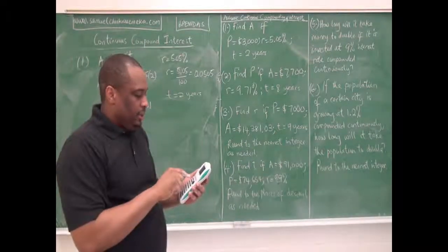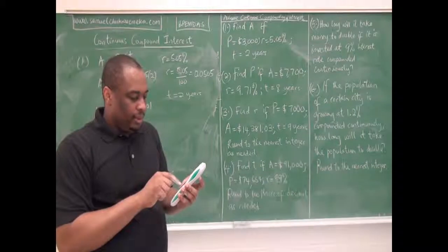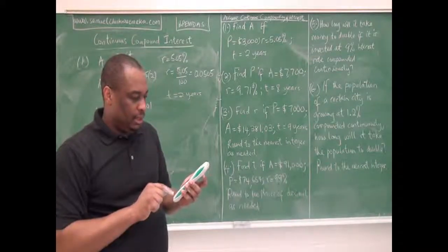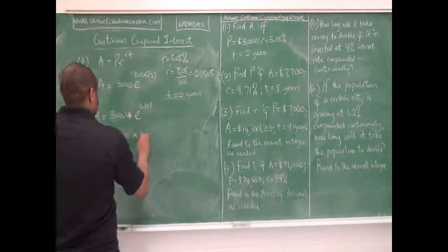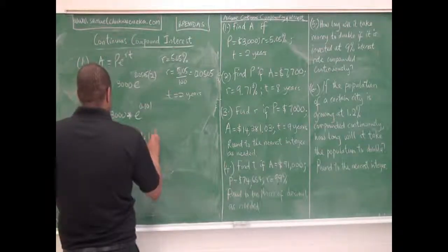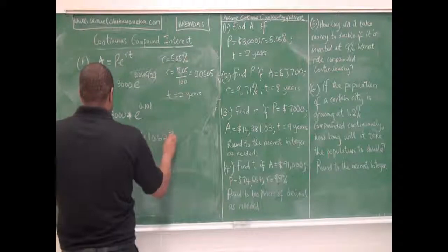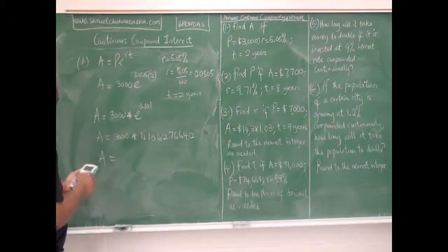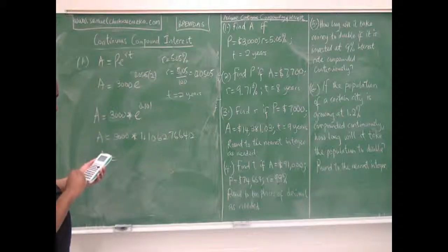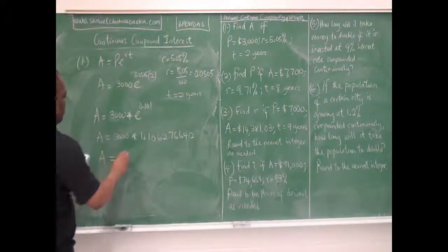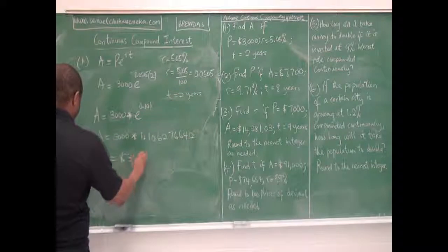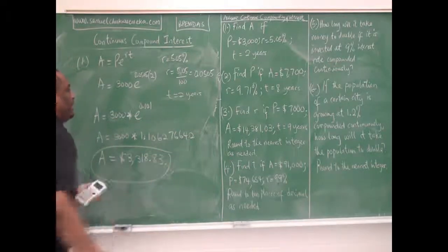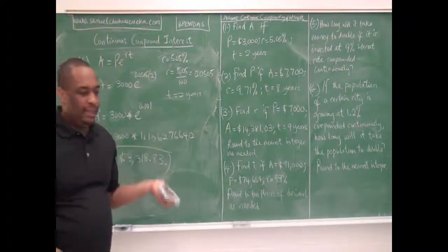You do shift e of the answer, shift answer, and that is 1.1062766642. And then you multiply, you now do times 3,000, and that gives you $3,318.83.